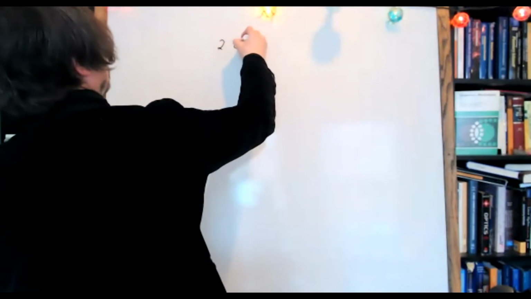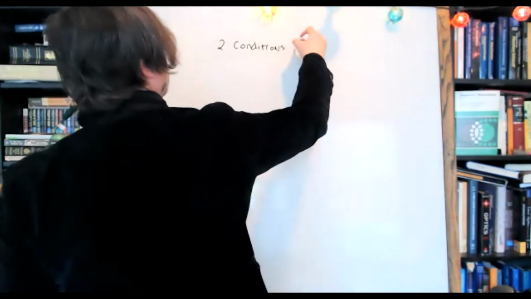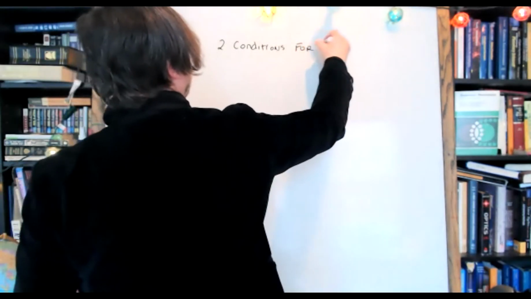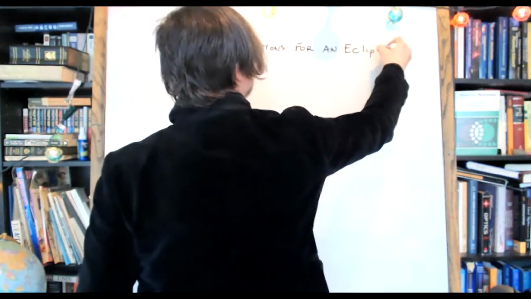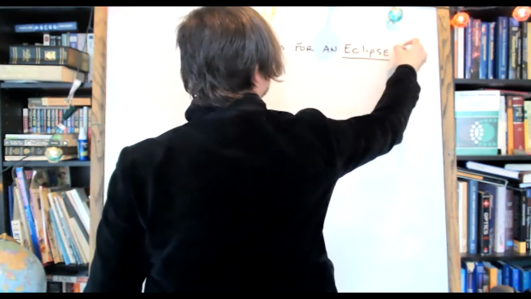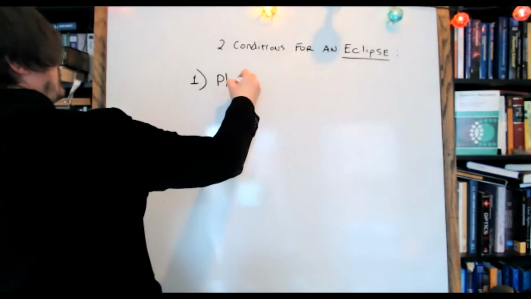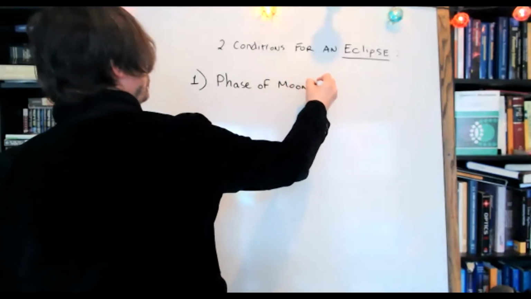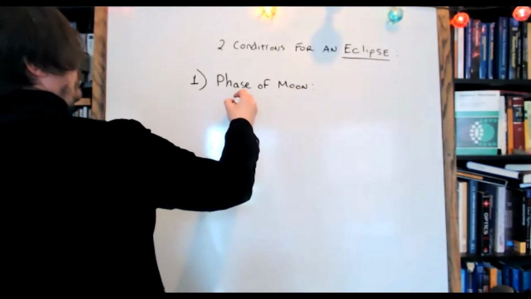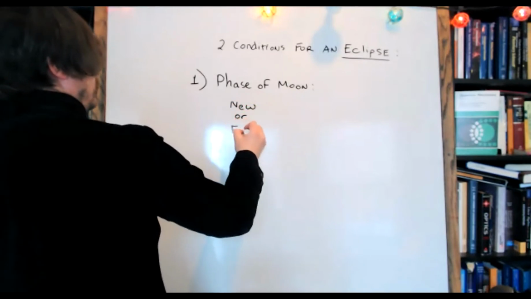There are 2 conditions for an eclipse to occur. The first is that the phase of the moon needs to be either new or full.